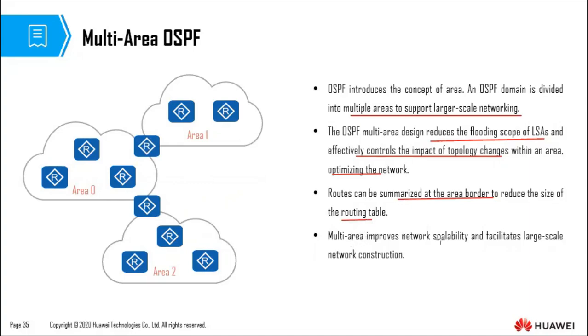Also, multi-area improves network scalability and facilitates large-scale network construction. So instead of just having all the routers in area 0, you have area 0, then you have area 1, area 2. If you want more routers, you create an area 3, and so on and so forth.